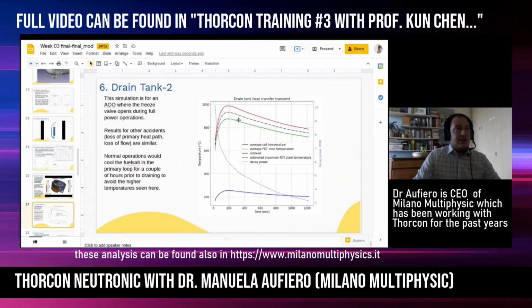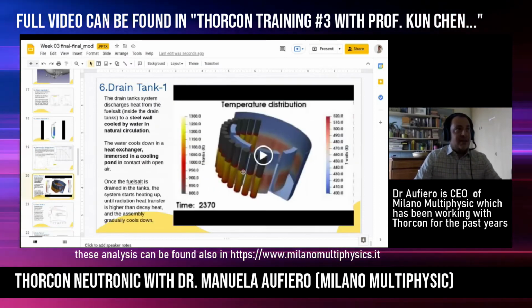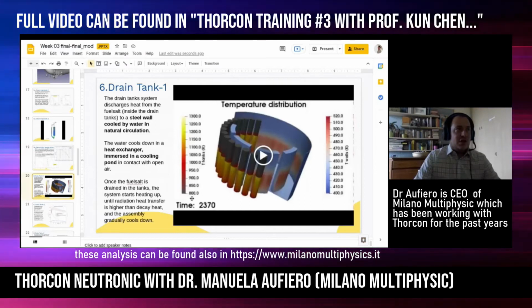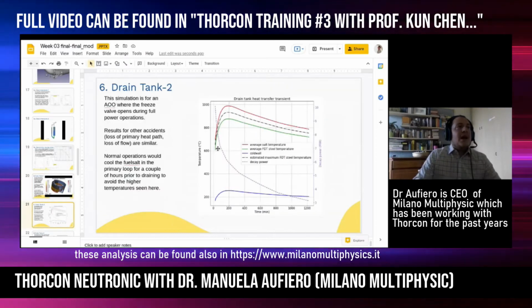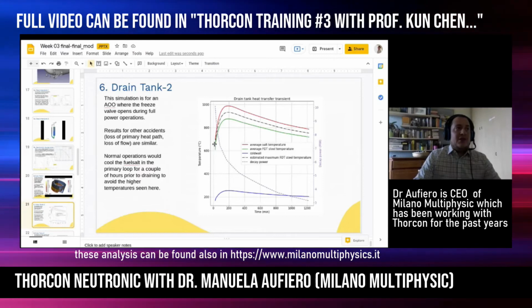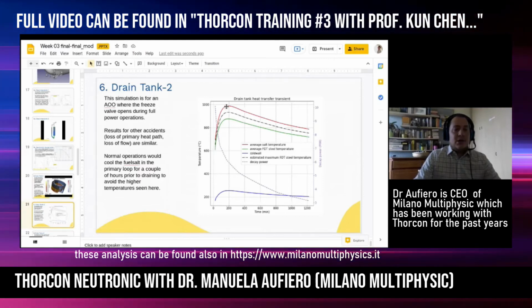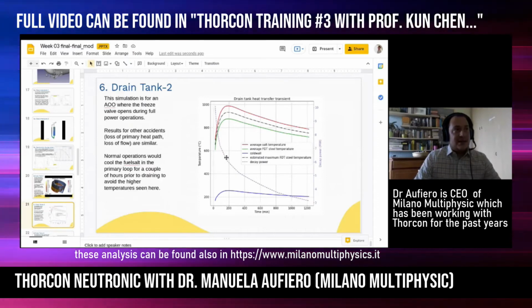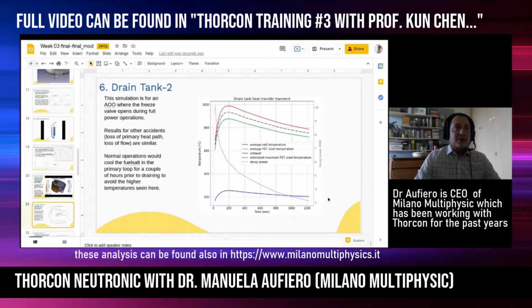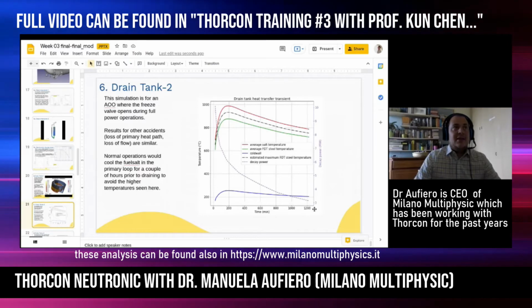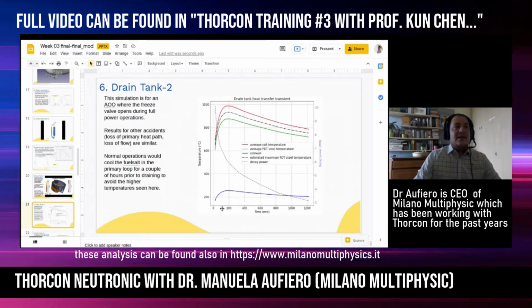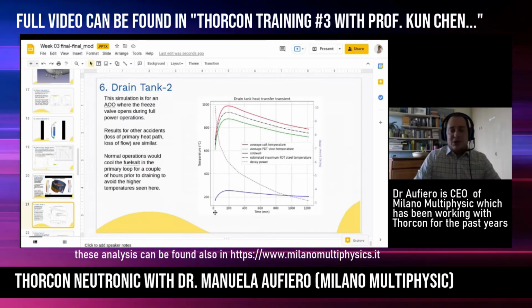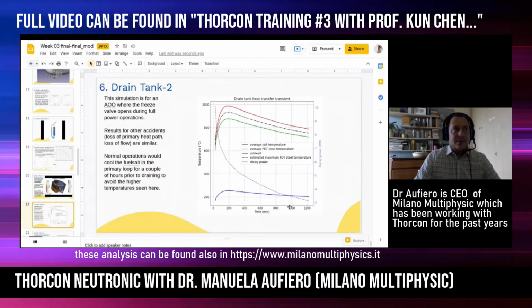Once the salt is drained in the drain tanks and they are effectively exchanging heat with the cold walls, we see that at the beginning there is a rise of the temperature due to the decay heat. You can see the decay heat in this line reading from the right. This is the decay heat in megawatt, and this is the time in minutes after the shutdown of the core.